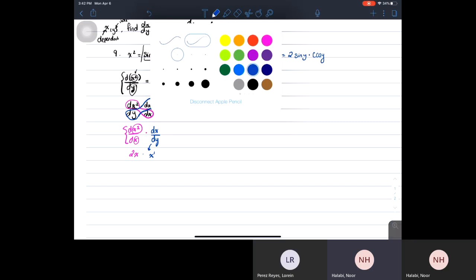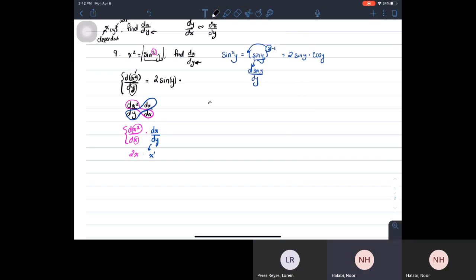So now let's write it again. We know that we have 2x times x prime is equal to 2 sine y cosine y. Do you recognize this? Because this looks really familiar. Doesn't it equal sine 2y?